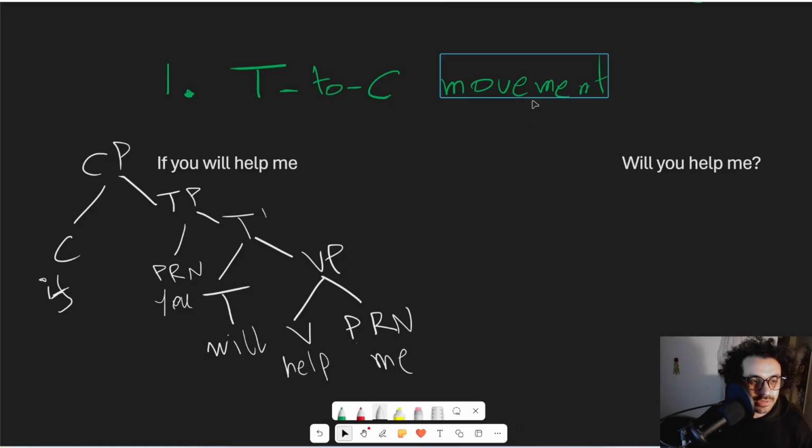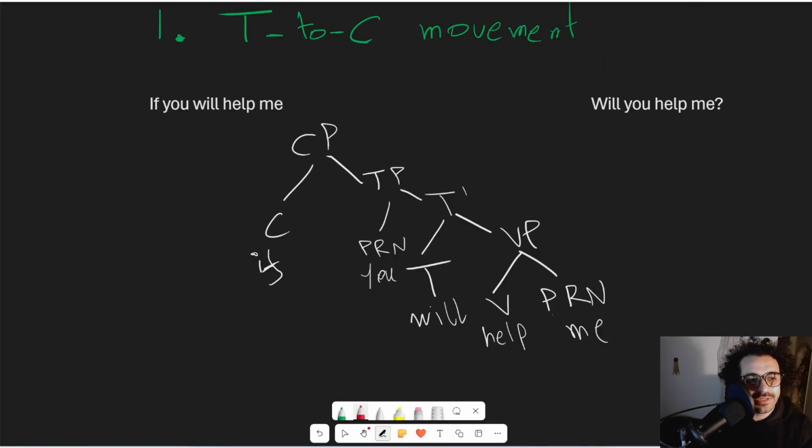Let me move this tree where we can see it clearly. If we want to change if you will help me to will you help me, we can simply get rid of the if because we don't have an if here anymore, and then this will, instead of being here on the T, we can have it here on the C, and then it becomes will you help me.